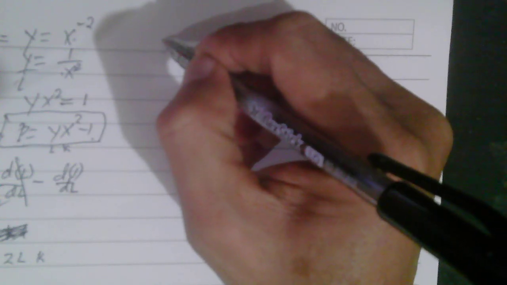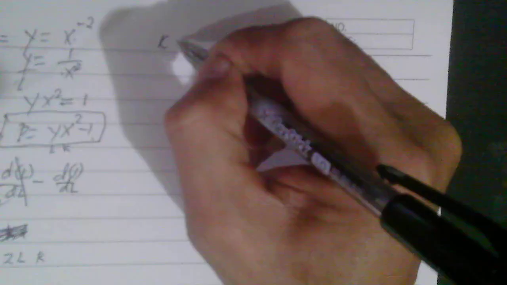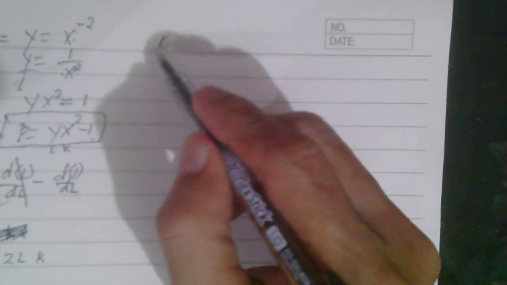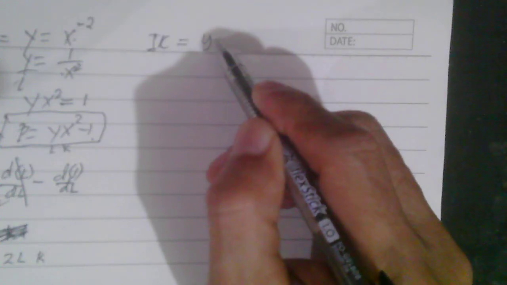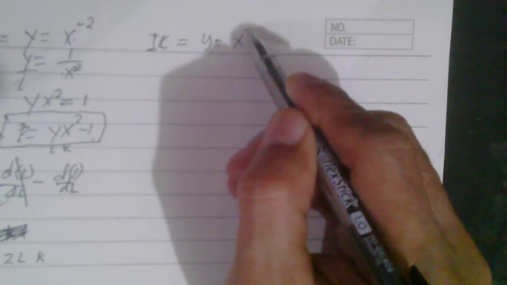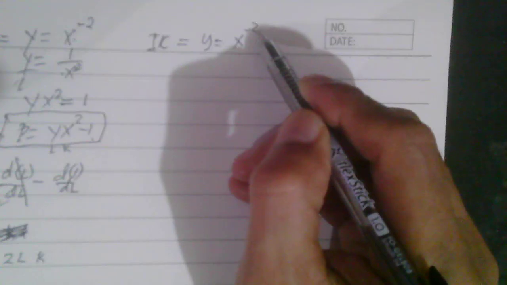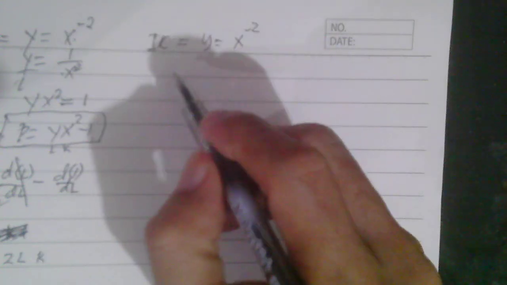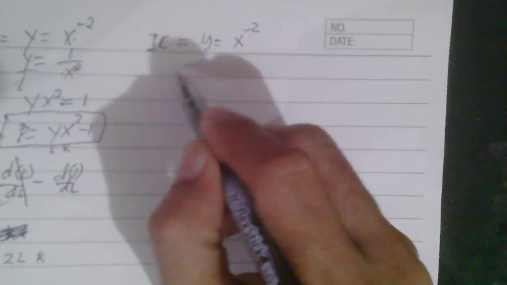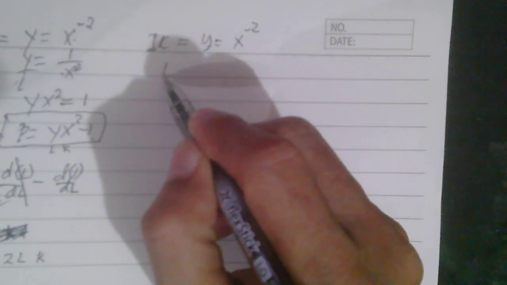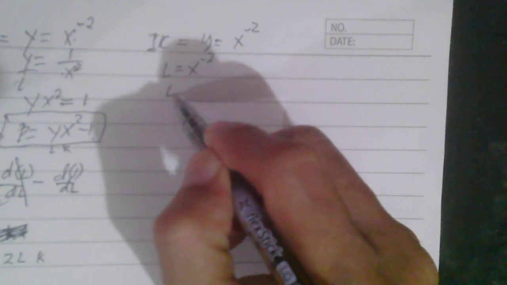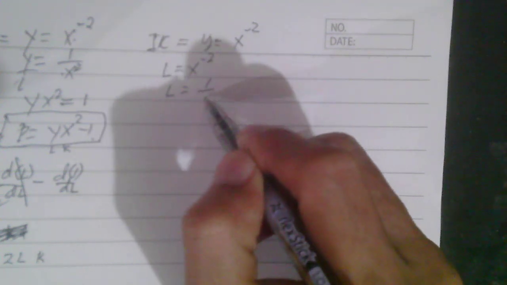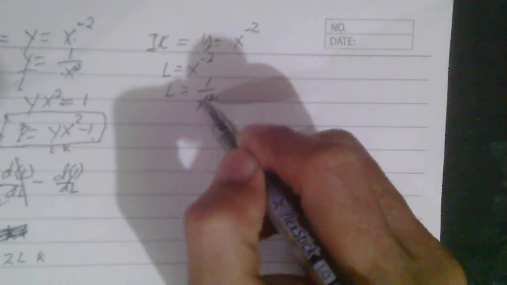IC is equal to labor and then capital to the power of negative 2. Therefore we call it L, and L is equal to 1 over K.